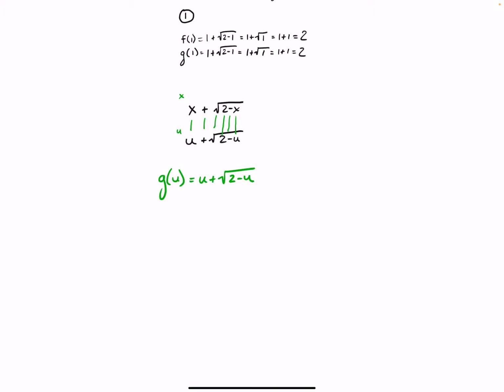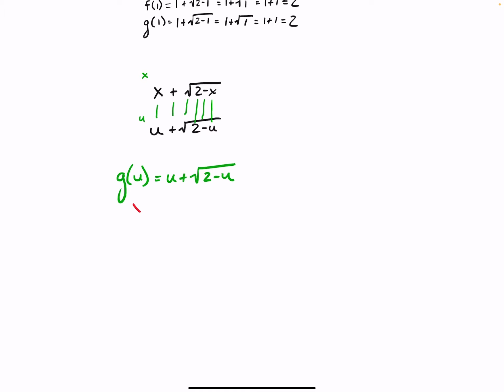Now let's plug in x. So g of x is going to be equal to x plus the square root of 2 minus x.